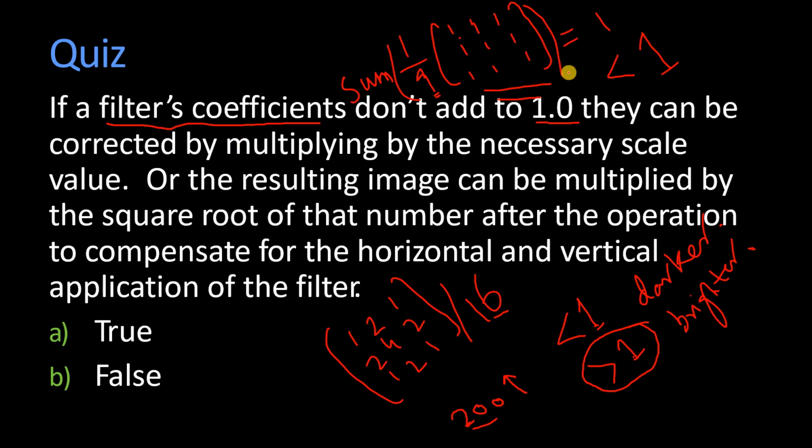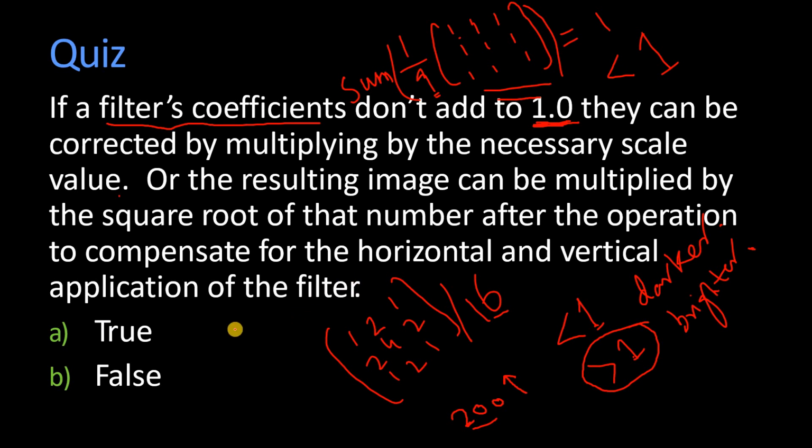So what is the quiz? This was just the idea that I gave you, the quiz is different. The quiz says if a filter's coefficients don't add to 1, meaning the sum of these values is not 1, they can be corrected by multiplying by the necessary scale value, or the resulting image can be multiplied by the square root of that value after the operation to compensate for the horizontal and vertical application of the filter.